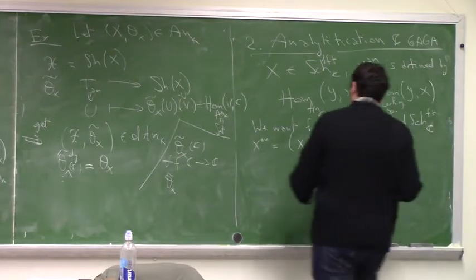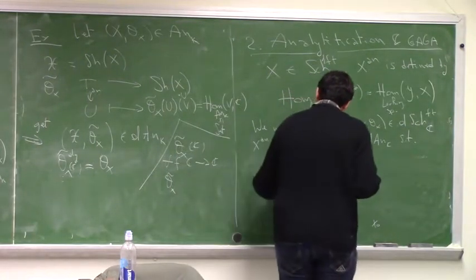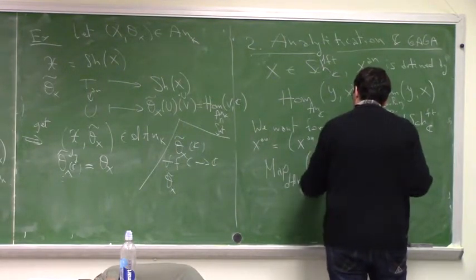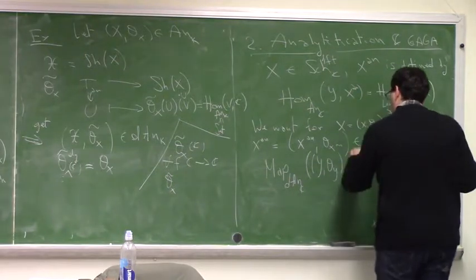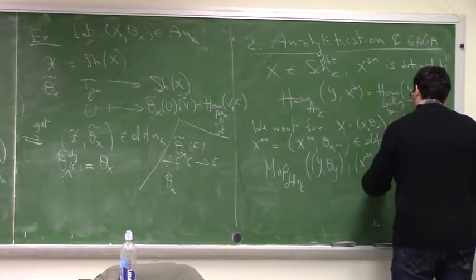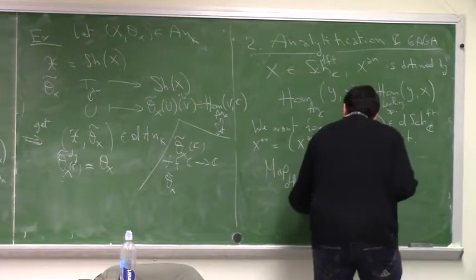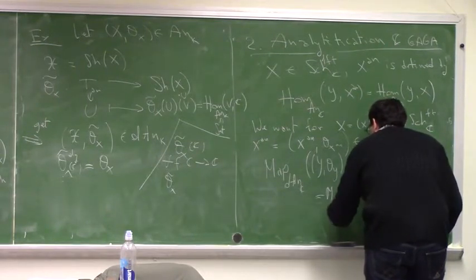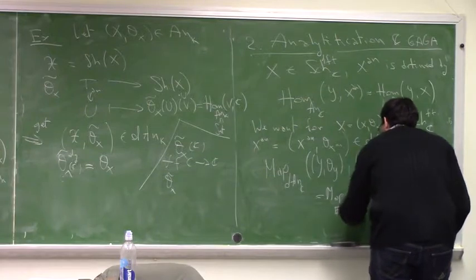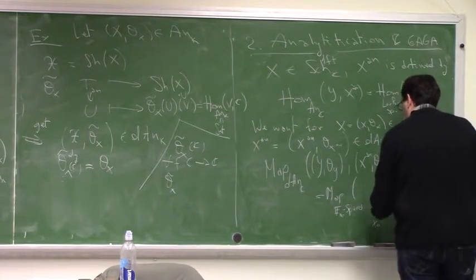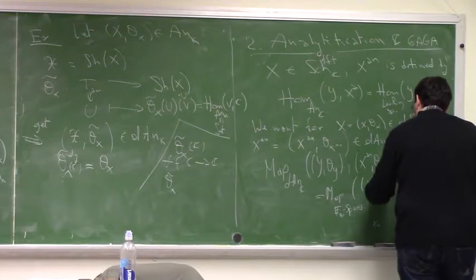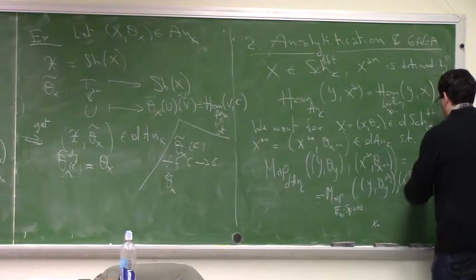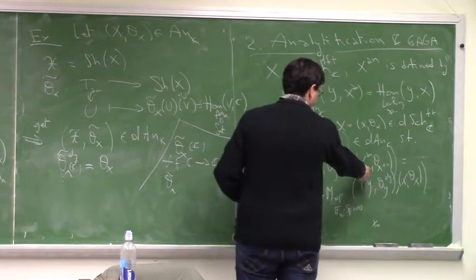such that maps in derived analytic spaces from Y to the analytification are the same as maps in E infinity spaces, let me denote it, just for simplicity commutative spaces, from Y, the underlying algebra I take, to X of Y. And this gadget really exists.